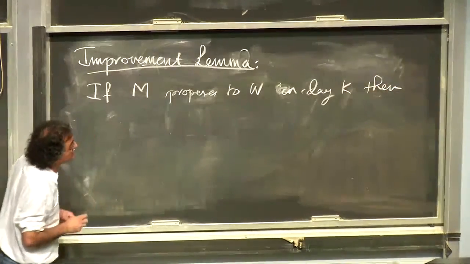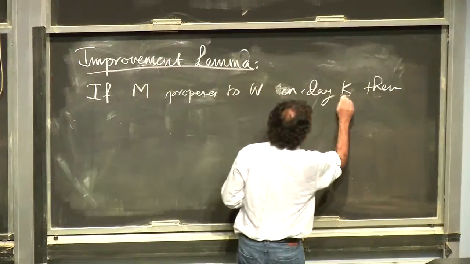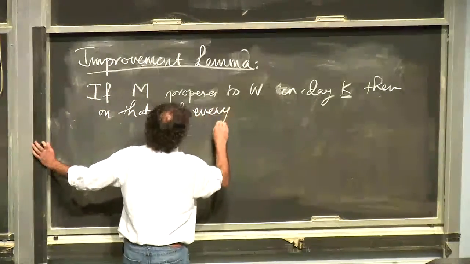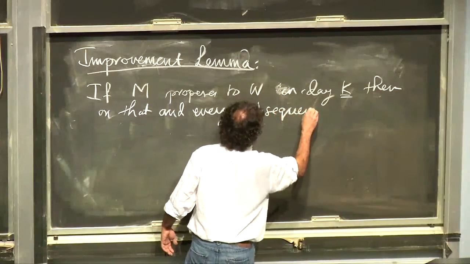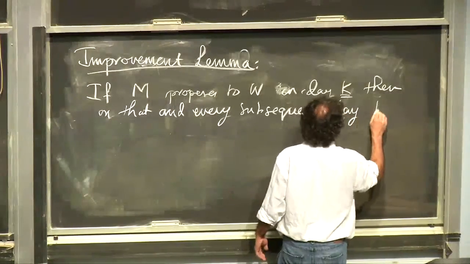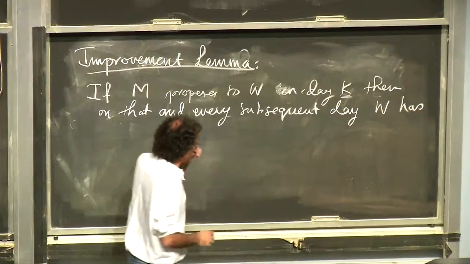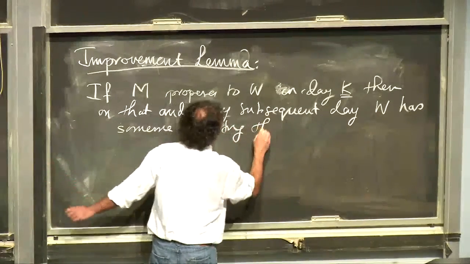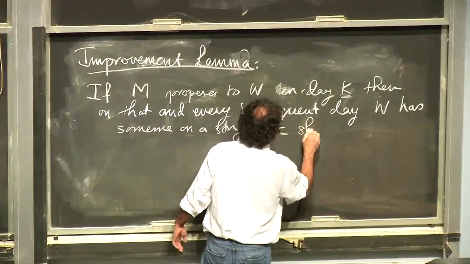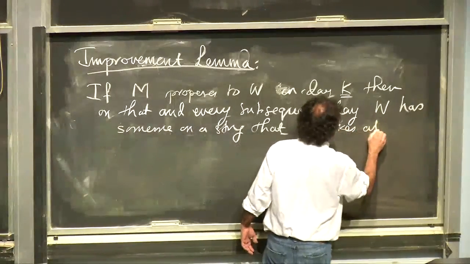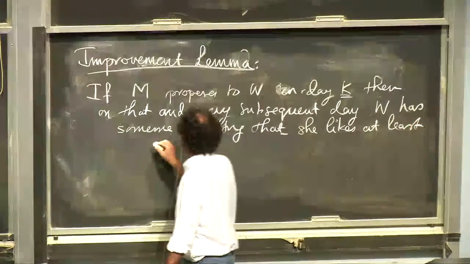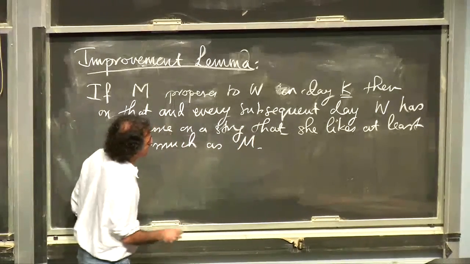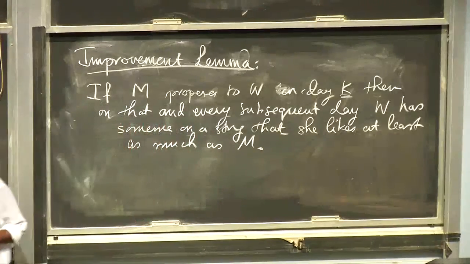So if M proposes to W on some day number k, then on that and every subsequent day, W has someone on a string that she likes at least as much as M. So it's saying things get better and better.